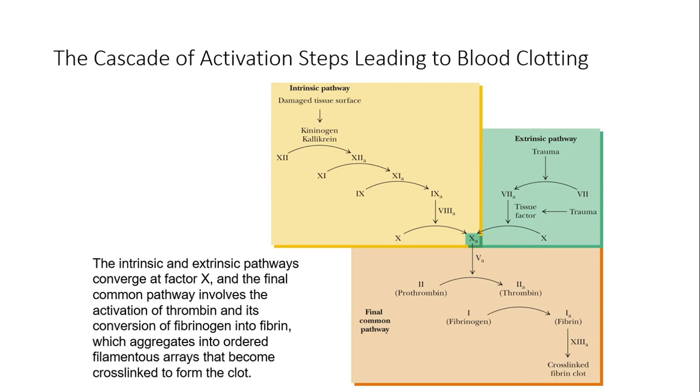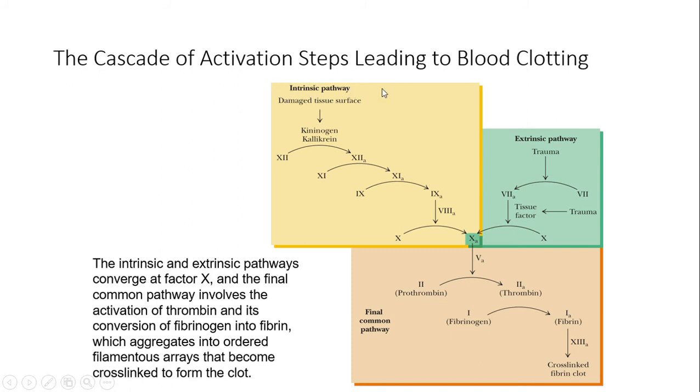Another example of a cascade involves a cascade leading to blood clotting. There are 2 pathways by which this cascade can be activated, and typically both are activated by tissue damage.